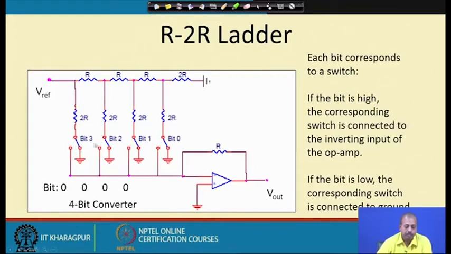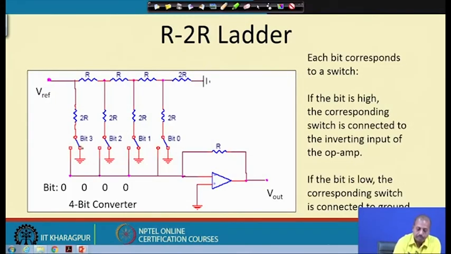Now, depending upon the bit configuration, this is either connected to ground, or it is connected to this one. So, this point may be connected to this point or it may be connected to ground. When it is connected to ground, that means a 0 is coming here.